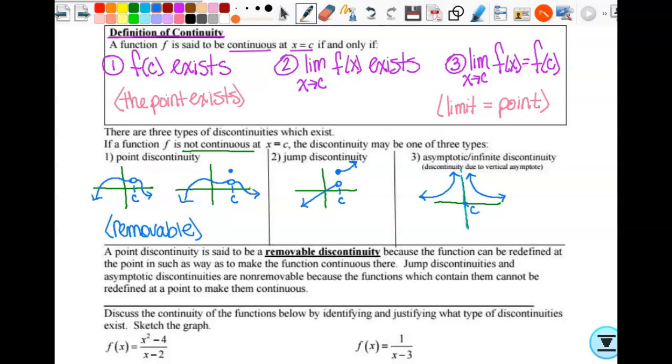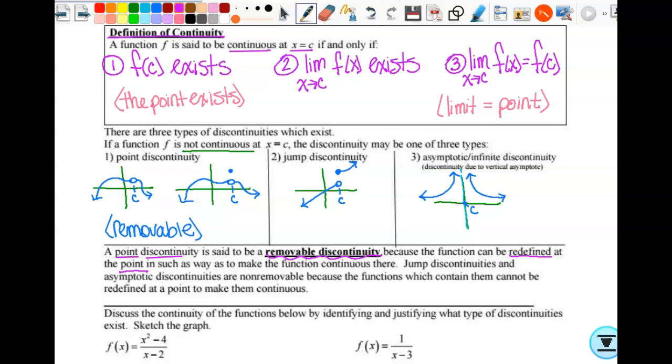These should not be brand new to you. We talked about these discontinuities last year. We didn't talk about them with limits like this, but those discontinuities definitely should not be brand new. A point discontinuity is said to be a removable discontinuity because the function can be redefined at the point in such a way as to make the function continuous there.